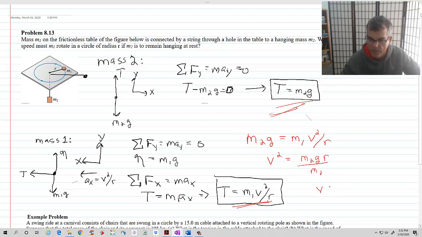Our final answer is our speed is the square root of M2gR over M1.